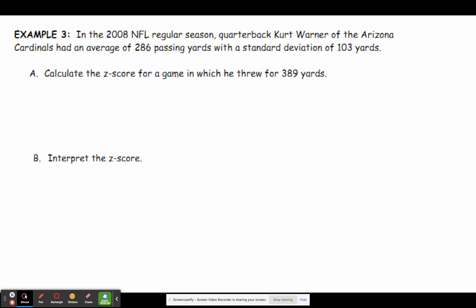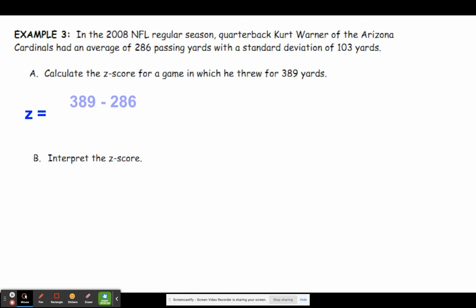Let's look at another example. In the 2008 NFL regular season, quarterback Kurt Warner of the Arizona Cardinals had an average of 286 passing yards with a standard deviation of 103 yards. Let's calculate a z-score for a game in which he threw for 389 yards. Now, 389 yards is above his average, so we should get a positive z-score.